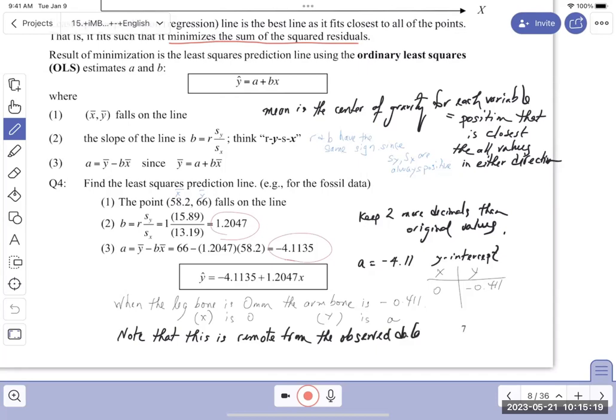This is far remote from the observed data and is an extrapolation. That literally shouldn't be interpreted, but mathematically that's what it would be, okay?